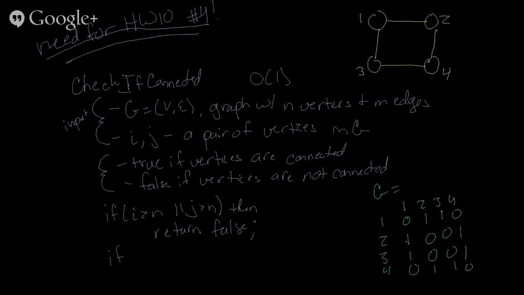So all we're doing is looking at this G, which is a 2D array, and we're saying, okay, if there's a 1, that means this pair of vertices is connected, and if there's a 0, then the pair of vertices is not connected.